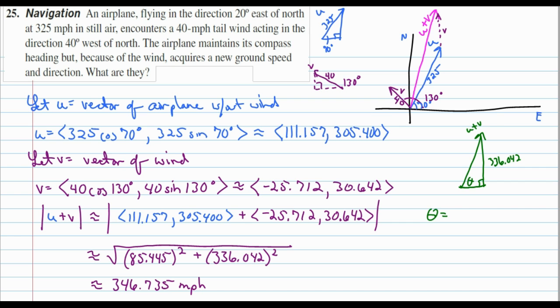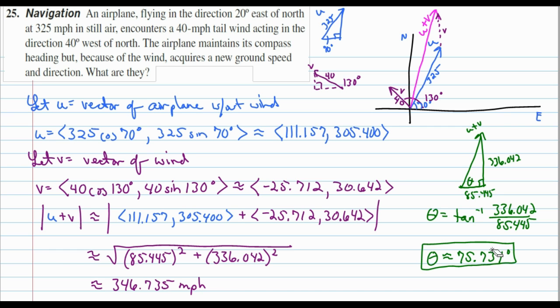The x coordinate then is going to be 85.445, what we found by adding the x coordinates of u and v. So then to find theta, we can just take the inverse tangent of the opposite over adjacent, and we get about 75.734 degrees. Again, very important that you state where this is based off of. Is it 75.734 degrees east of north, west of north, whatever? Well, we based it off of the east axis, so it's going to be north of east.